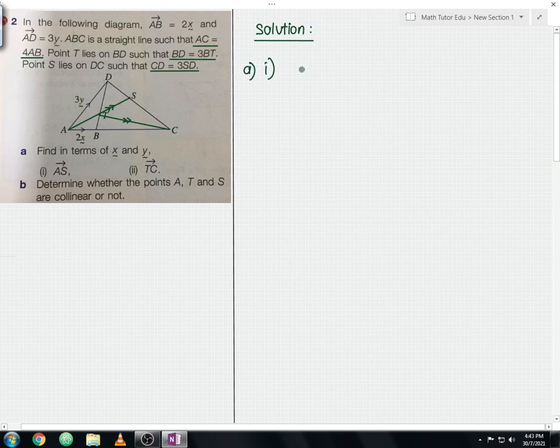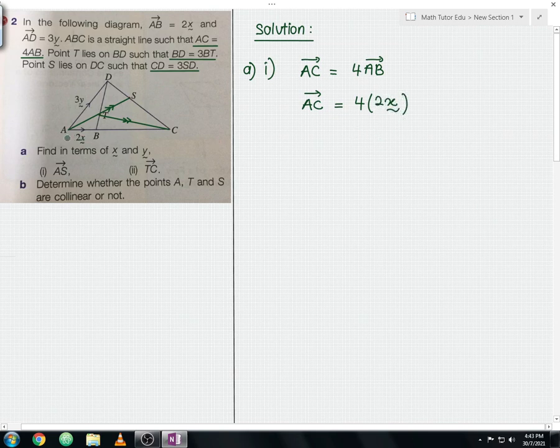Okay, so from here, given that vector AC is equals to 4 times with vector AB. Okay, so from here, continue our working. So vector AC equals to 4 times with 2x.